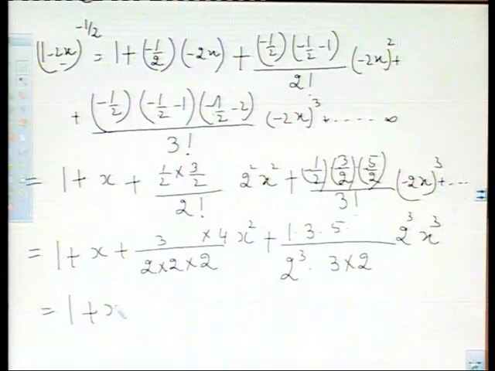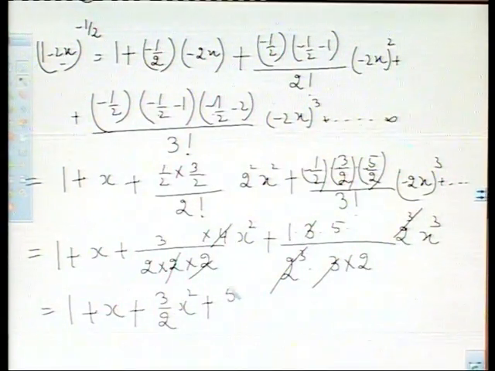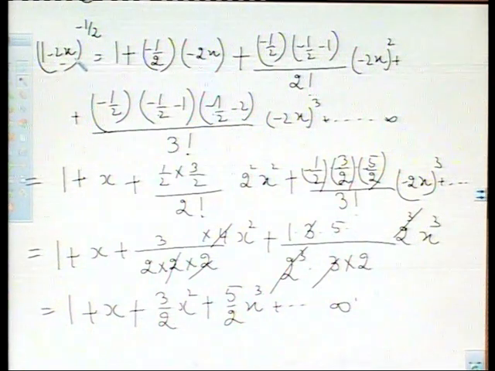So 1 plus x, 4 will be cancelled here, 3 by 2 x square plus 5 by 2 x cube, and the series goes up to infinity. So the expansion of (1 minus 2x) raised to power minus 1 by 2 is this.